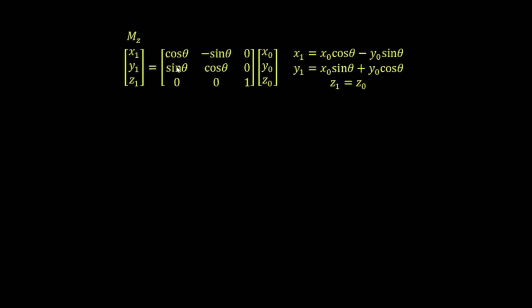Then we have sine theta times x0, so x0 sine theta, plus cos theta times y0, so y0 cos theta. The z0 term is 0. The third one is 0 times x0, 0 times y0, and 1 times z0. So z1 is equal to z0.